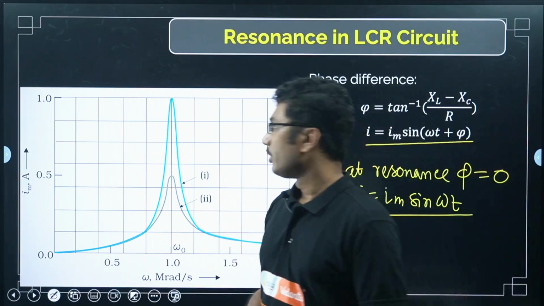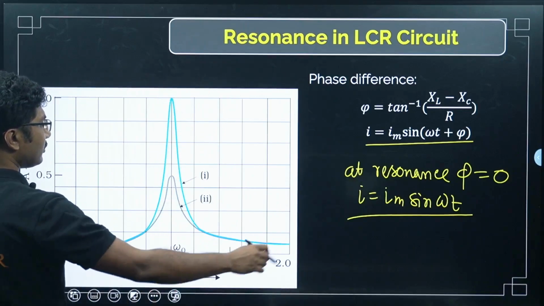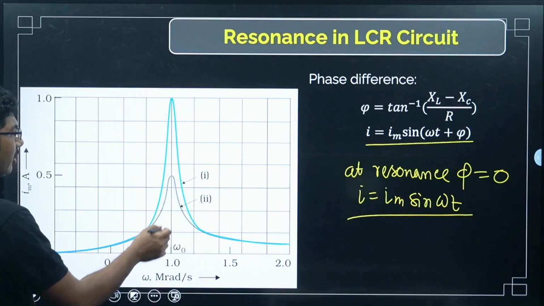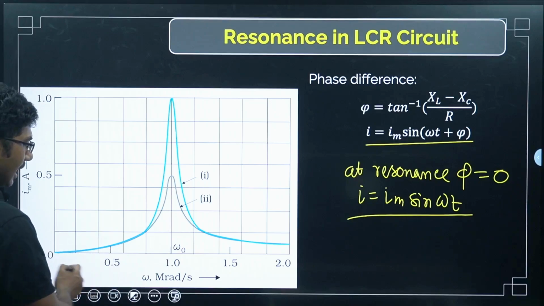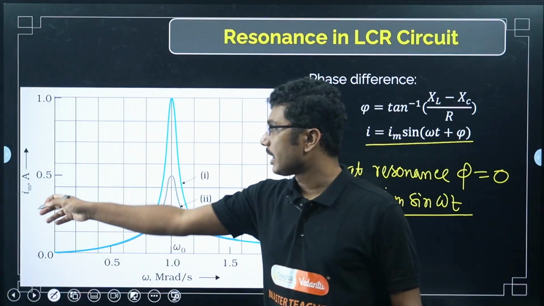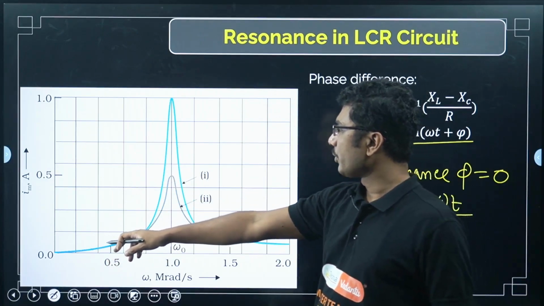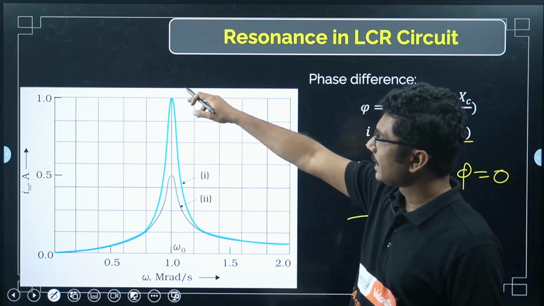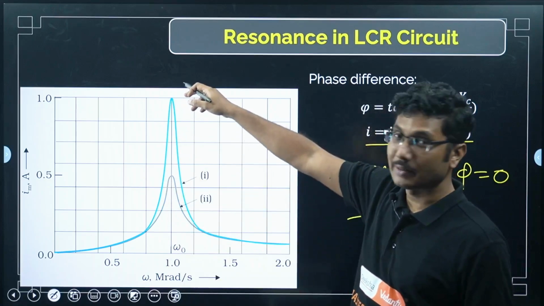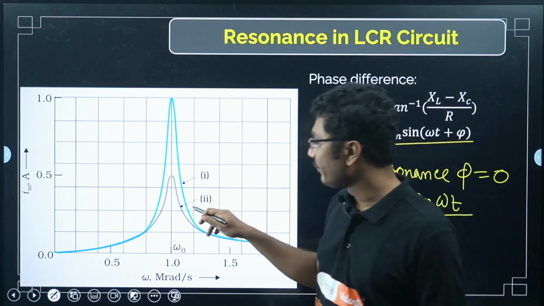Okay. Now this is the graph for resonance. Along this axis omega is plotted, along this axis I, the current, is plotted. If you change the value of omega, you will get the resonance at some point, and you will get the maximum current for different R's.